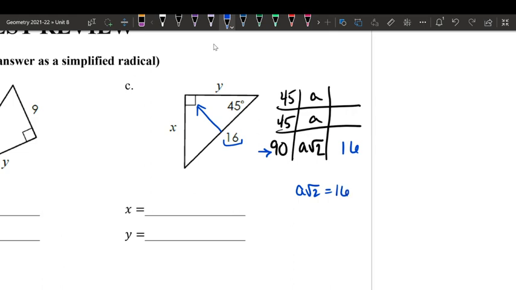To find out x and y, I know they're going to be the same, because for a 45, 45, 90, the two legs of the triangle are the same length, because two angles the same means two sides are the same. So I divide by the square root of 2. So a equals 16 over the square root of 2. And that's true.